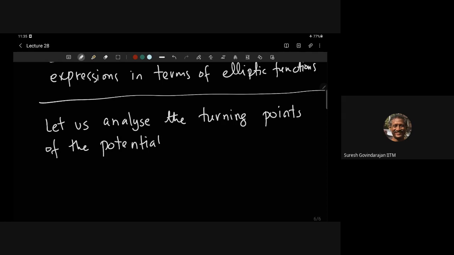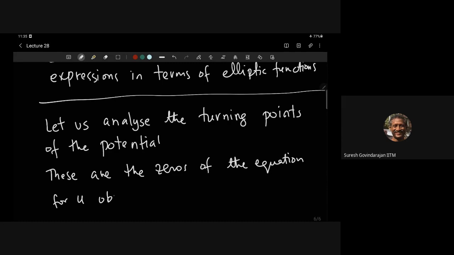And what are these? These are the zeros of the equation for u obtained by setting u dot equal to 0 in the expression for u dot.